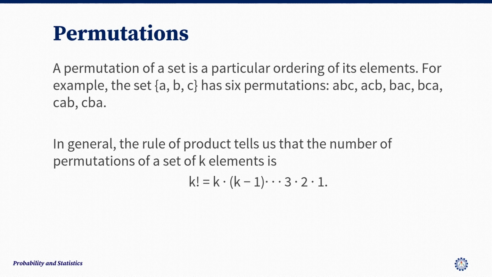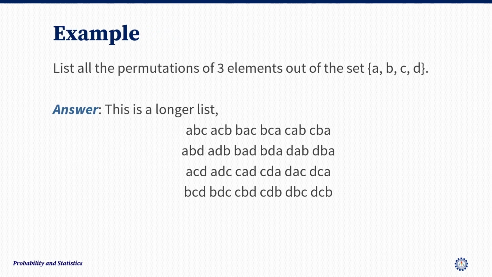We also talk about the permutations of k things out of a set of n things. We show what this means with an example. Let's say, for instance, we list all the permutations of 3 elements out of the set A, B, C, D. The answer would be a longer list. We have ABC, ACB, BAC, BCA, CAB, CBA, and so on and so forth.